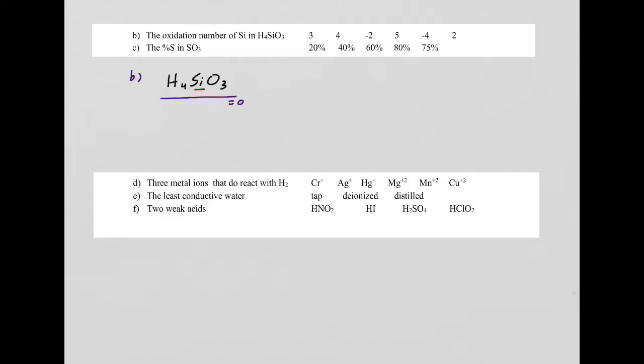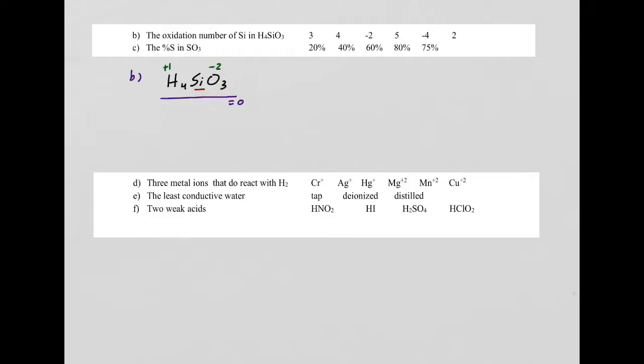And remember from lecture, oxygen will always be -2, and hydrogen will always be +1. So oxygen will always be -2 oxidation number, and hydrogen will always be +1 oxidation number. There are a couple exceptions. We're not going to worry about that, but most of the time, oxygen is -2 and hydrogen is +1. Doesn't change.